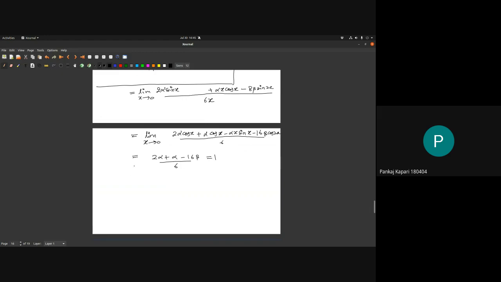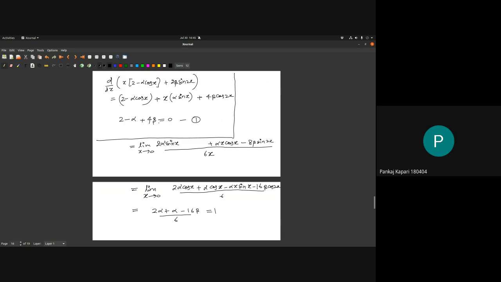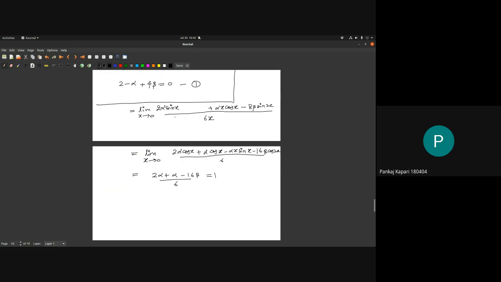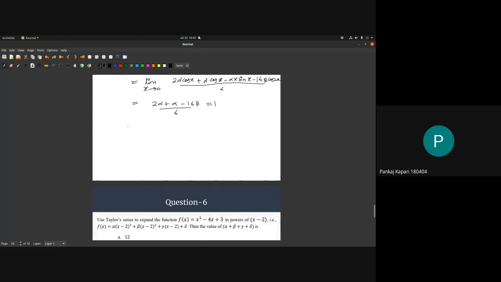We already have the first equation, that alpha minus 4 beta is equal to 2, and from this we get 3 alpha minus 16 beta is equal to 6. So what are the values of alpha and beta?